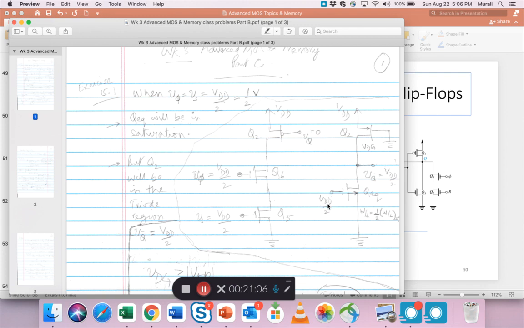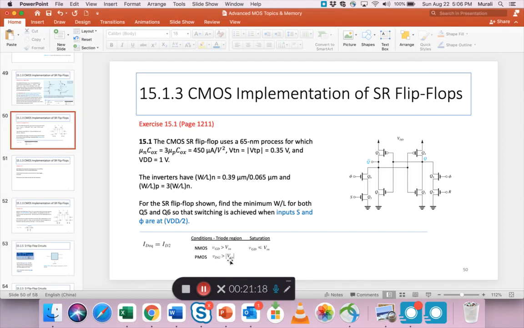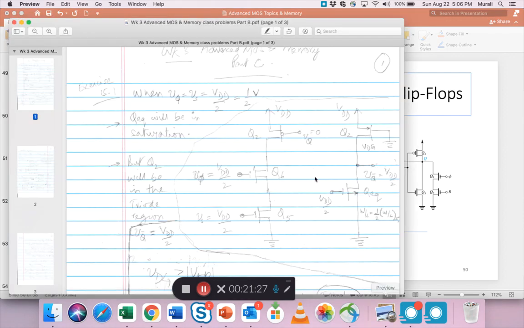Because this voltage is half volt, this voltage is half volt. That means the net voltage between this and this, which is the gate to drain, is 0, right? And one of the conditions is, if the gate to drain is less than VTN, which is 0.35, then it is in saturation. Hence, Q equivalent is in saturation.